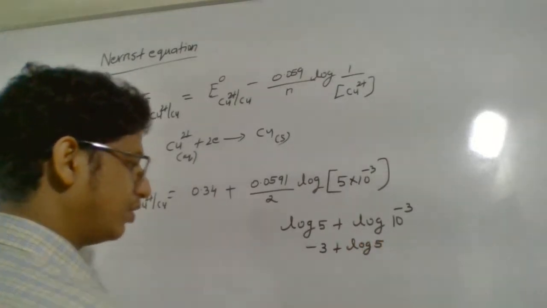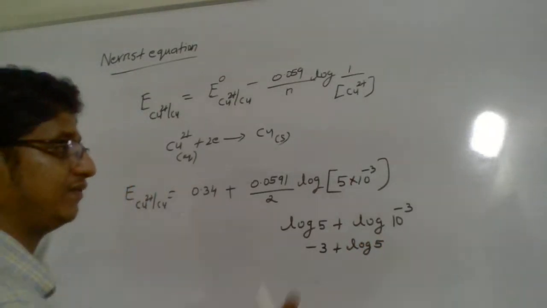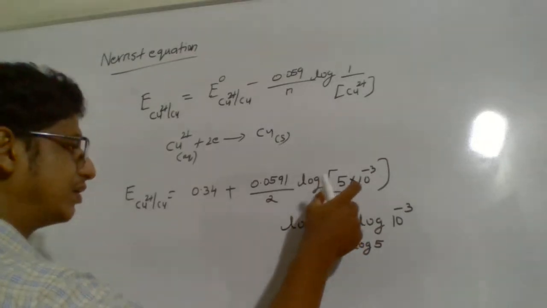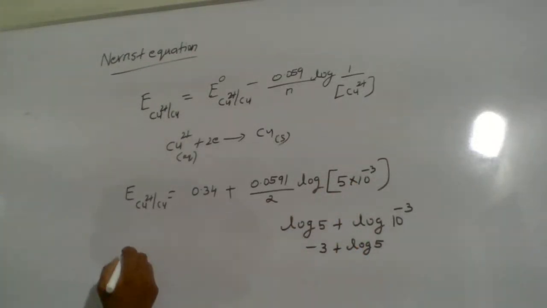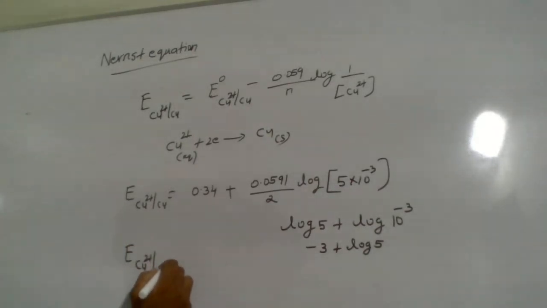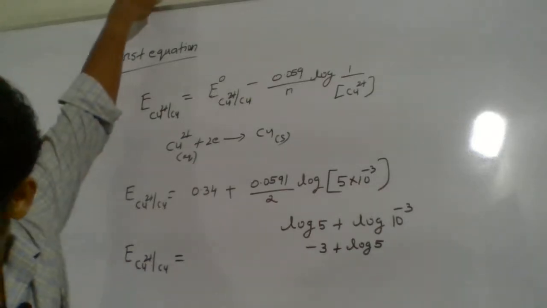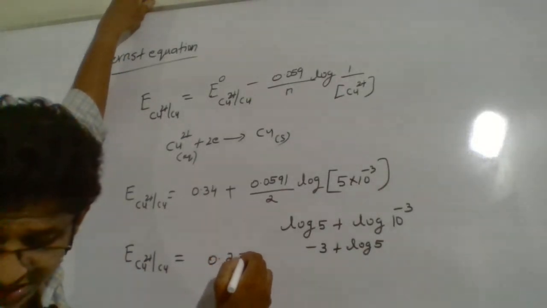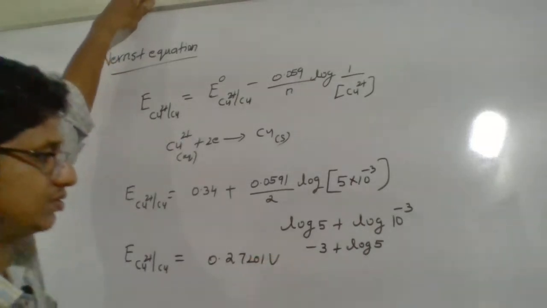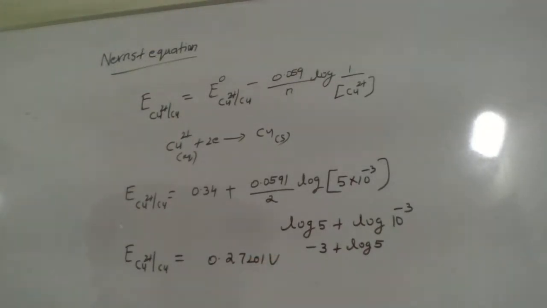You find the value of log 5, and minus 3 plus log 5 will give you part of this answer. Apply here, and now you will get the electrode potential of copper as 0.27201 volt. So that will be the answer.